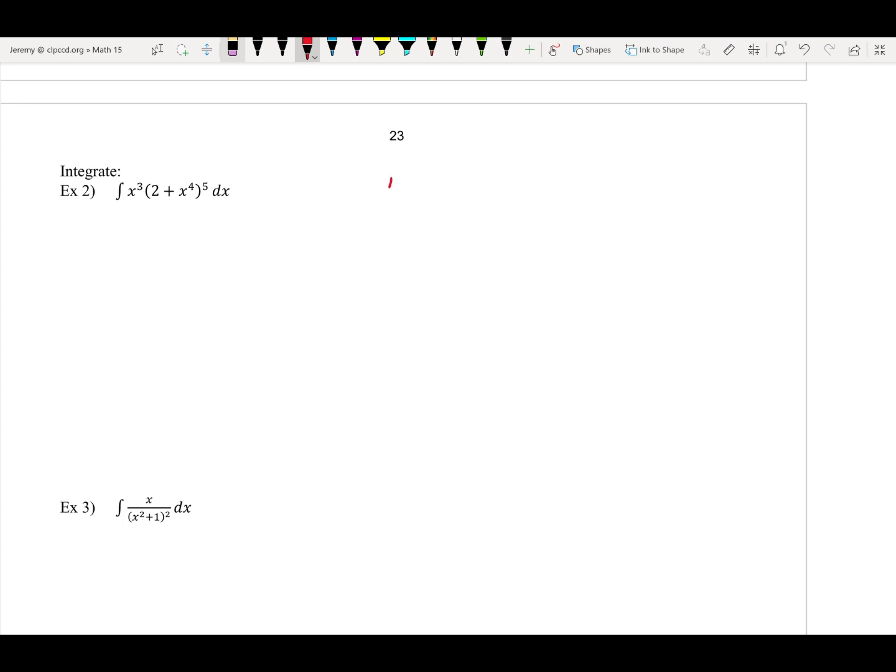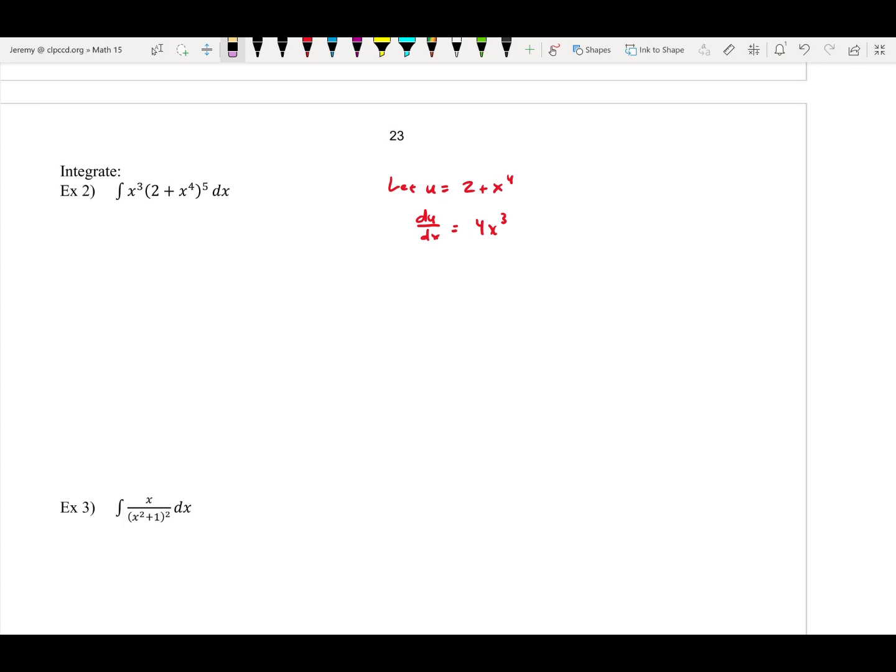So let's see, if I let u equal that inner function, 2 plus x to the 4th power. I take the derivative, so du dx is equal to the derivative of this, which is 4x cubed. Ultimately I'm trying to replace dx with something in terms of du.